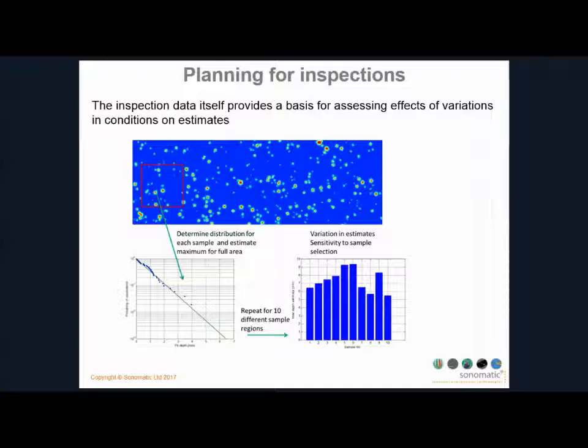One way of doing that is to take multiple samples, or regions from different parts of the total inspected area, carrying out an analysis for that subset and looking at what the results are for each subset. And if there's a lot of variation based on your subsample, that would suggest that the results are more likely to be spatially sensitive. So you can carry out those kinds of sensitivity studies.